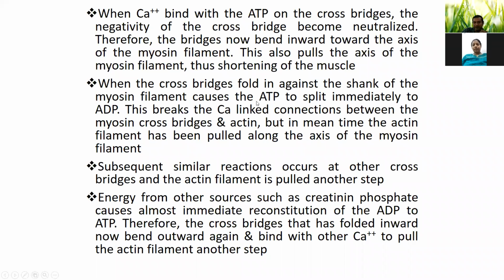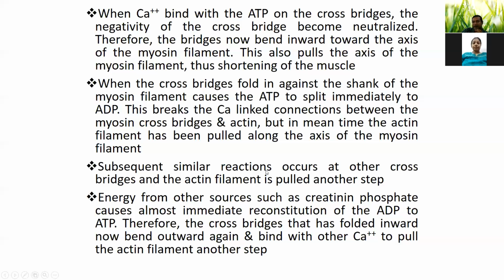When these cross bridges fold in against the shank of the myosin filament, it causes the splitting of ATP to ADP. With this breakup, the calcium ion links the myosin and actin cross bridge, and the actin filament is pulled along the axis of the myosin filament so as to contract the whole muscle.